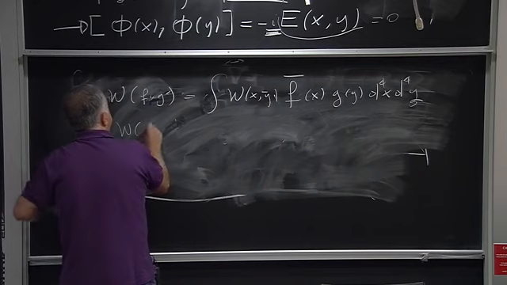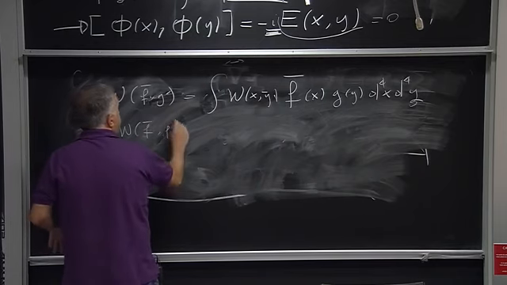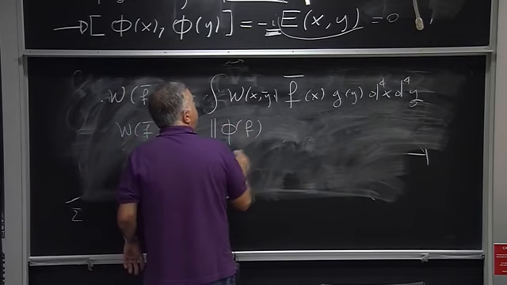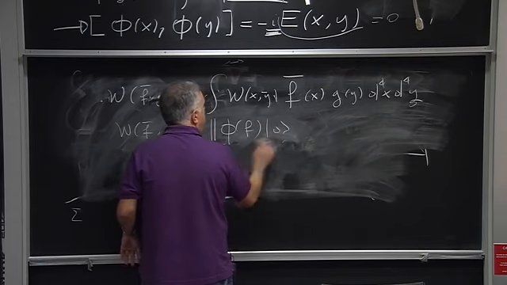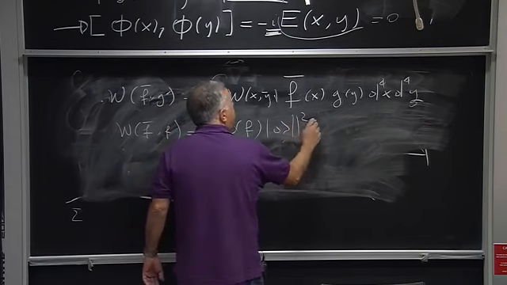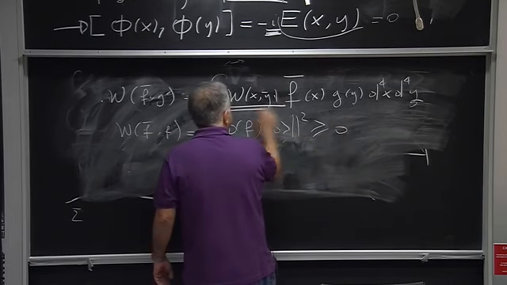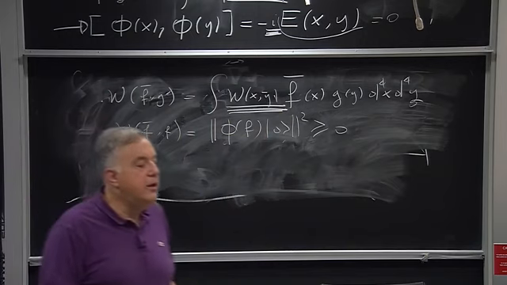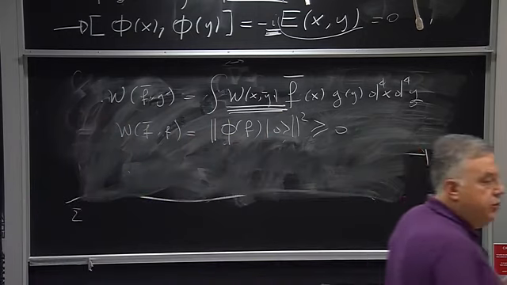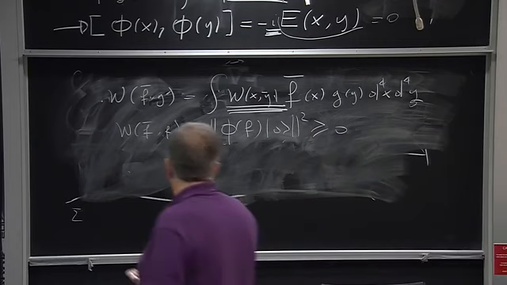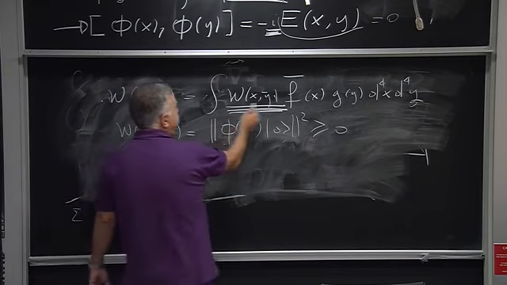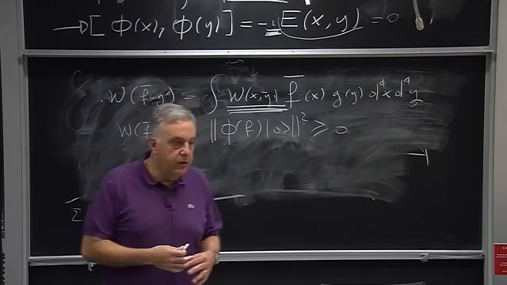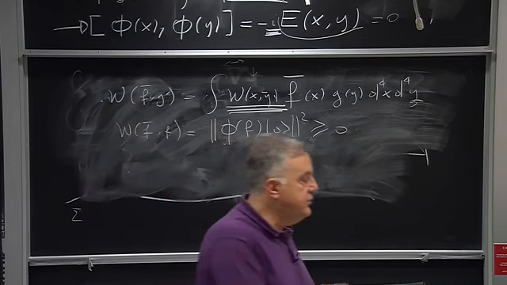It means that W on f bar and f, which will be interpreted as the norm of the quantum field applied to the vacuum, a one-particle state, has to be positive. So this has to be a positive definite distribution. This is the only necessary requirement you have to impose on the two-point function. If you have such positivity, then you can construct your Fock space, operators and everything. Okay, I'll do it in the Minkowski case just now.